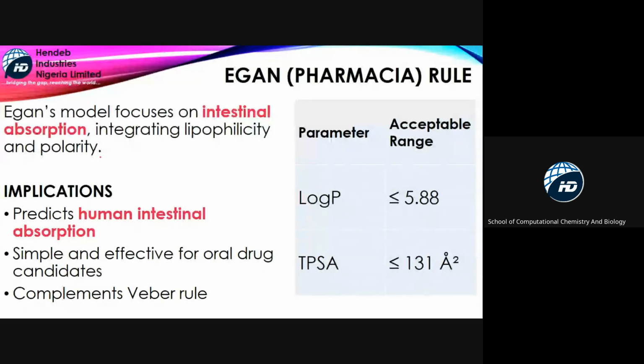So you can choose some parameters like we do tonight and develop our own model. It is simple and effective for oral drug candidates. It complements the Veber rule. So these are the implications of the Hidden rule.